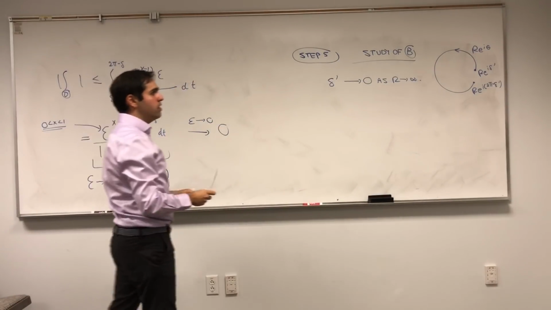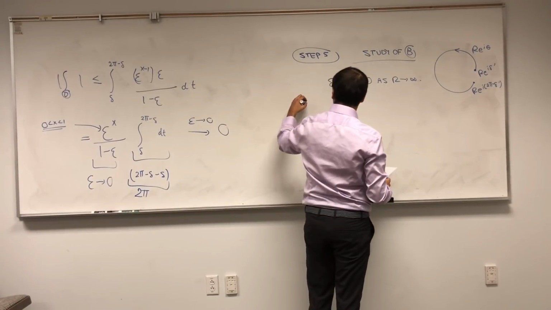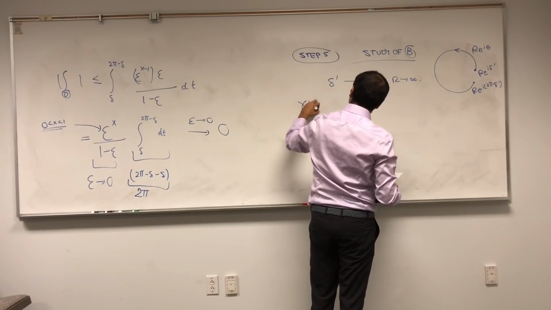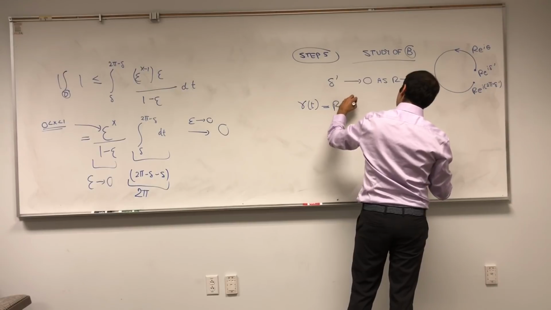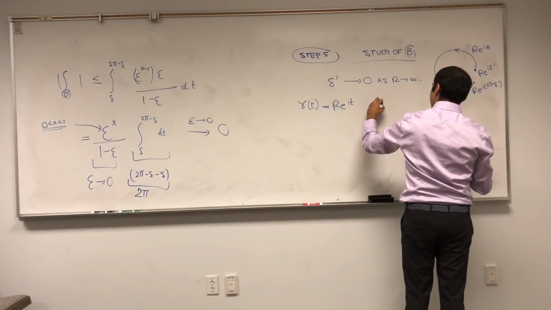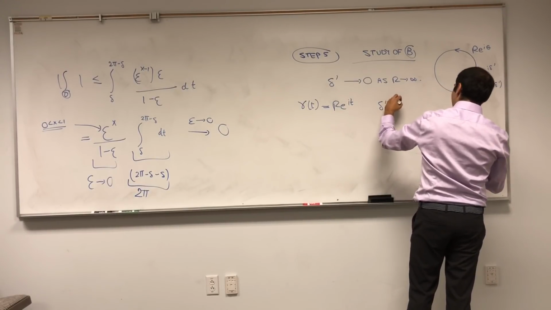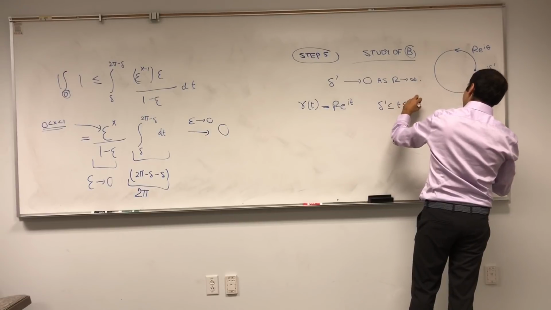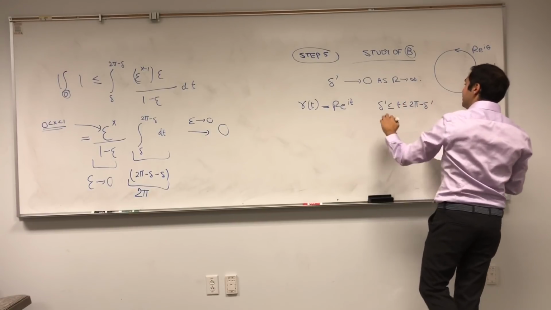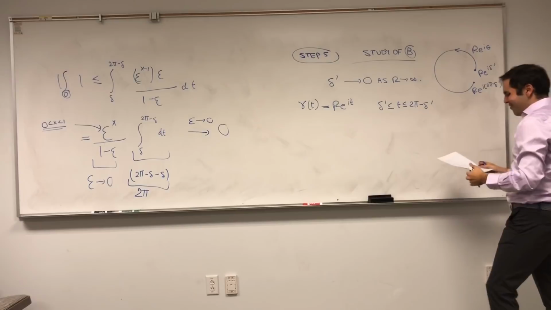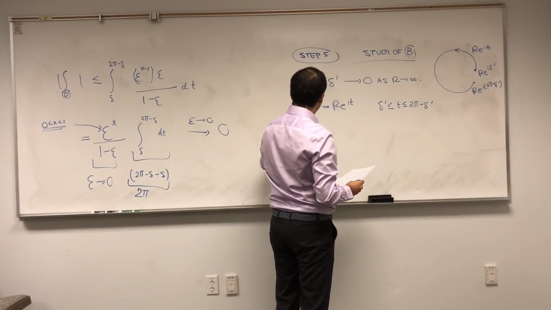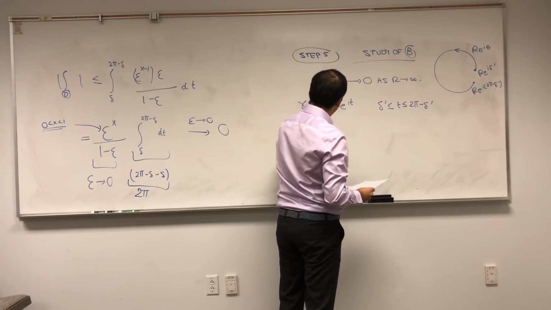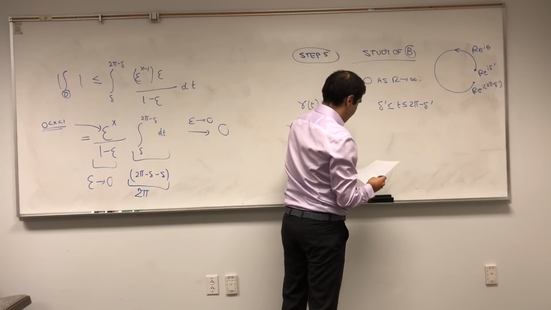And here, it turns out the parametrization is even easier. γ(t) is r e^{it}, where t is between δ' and 2π − δ'. And so the derivative here becomes r i e^{it}.